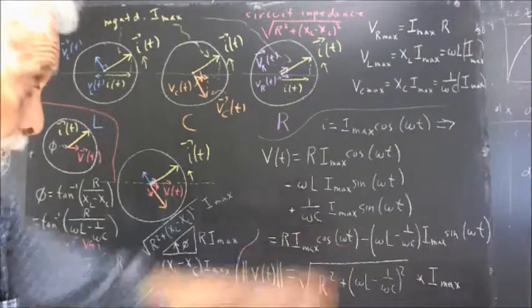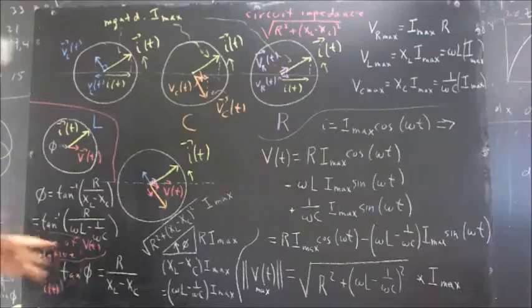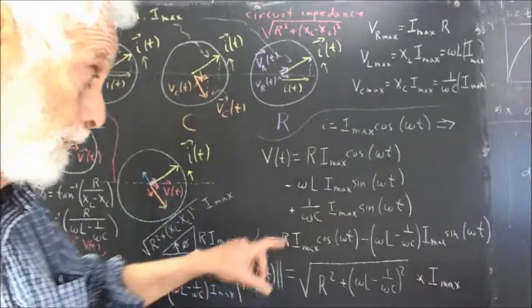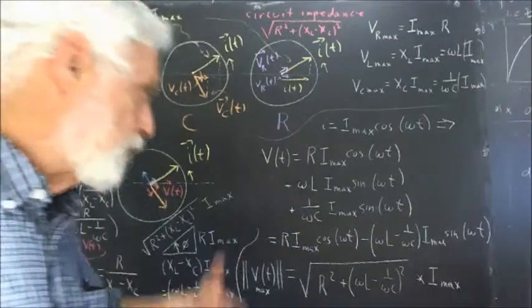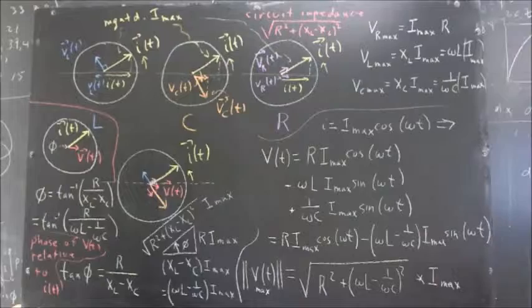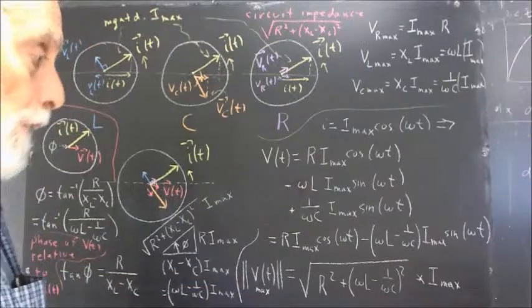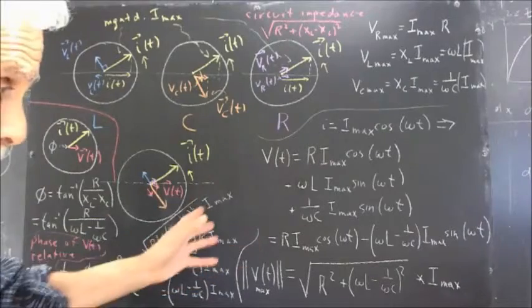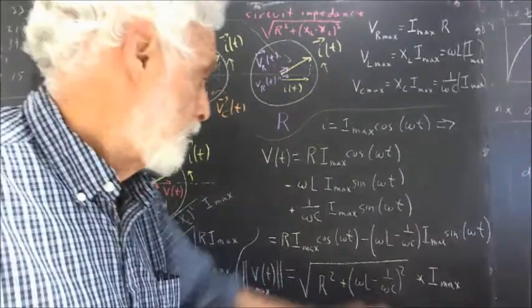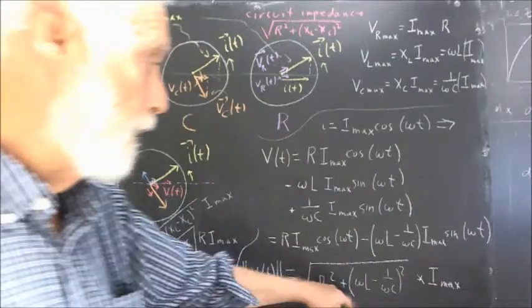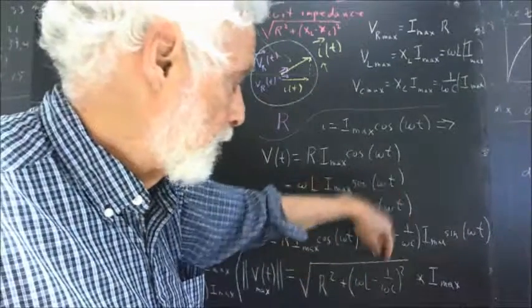We do a little bit of trigonometry that I'm not going to go through in detail. Just straightforward trigonometry that can be obtained without these diagrams and pictures, using sum and difference of two angle formulas. We find that the maximum magnitude of the voltage in the circuit is going to be this: the square root of R squared that we get from here, and the square root of this difference squared here.